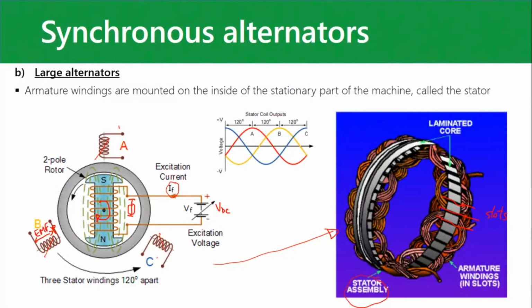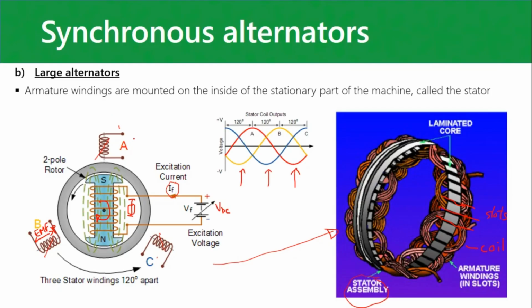And you can see that these coils, yes, that is called a coil. Now, these coils are wound in these specific slots. And because they're three separate coils, each one of them has a single phase. Hence, this is how we generate three-phase power in three different coils. Eh?